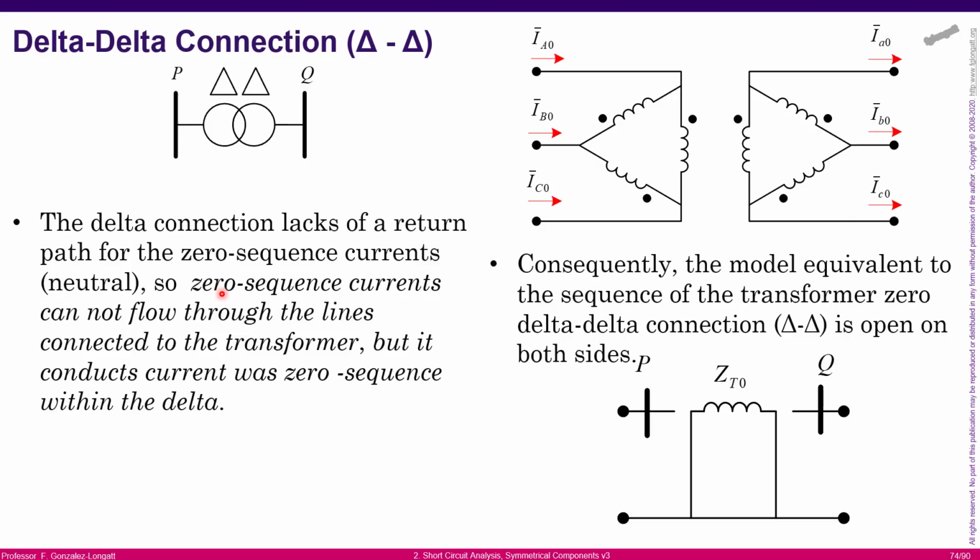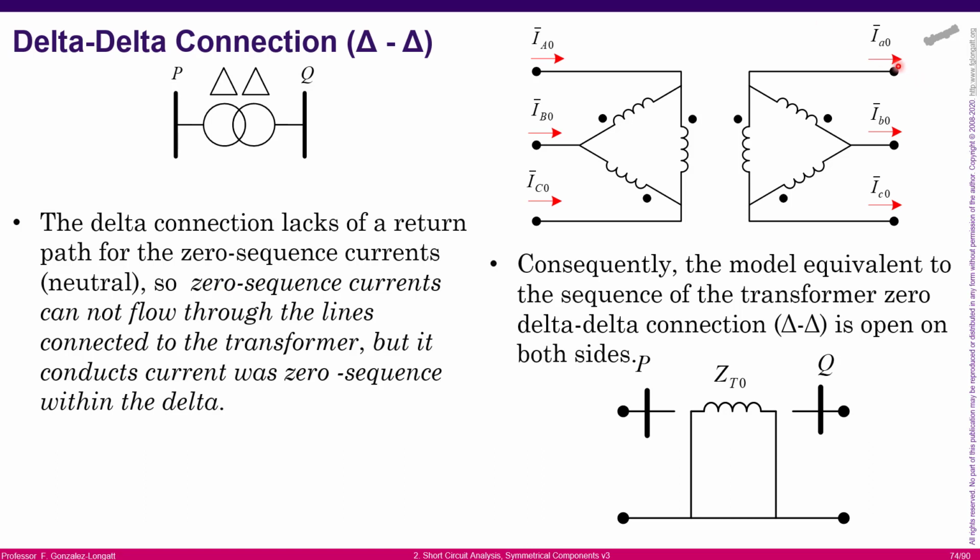Delta-delta connection, also known as DD, capital D for high voltage side, lower d for low voltage side, okay? Delta-delta connection is a very peculiar connection, and the job right now is to identify the zero sequence network, the zero sequence model, for the delta-delta connected power transformer.